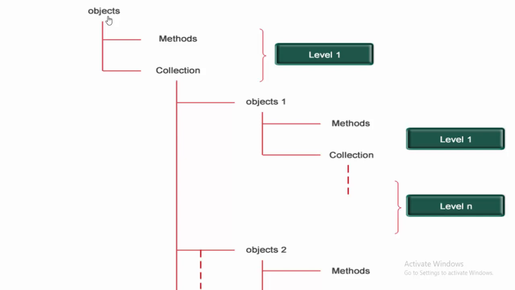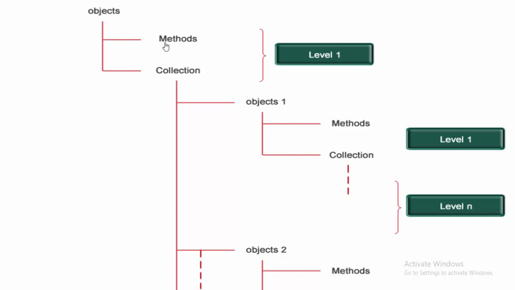Object ledger has a name. Yes, that is the method. Ledger has a name, and that name is called a method. Ledger parent is called a method. Ledger phone number is a method.